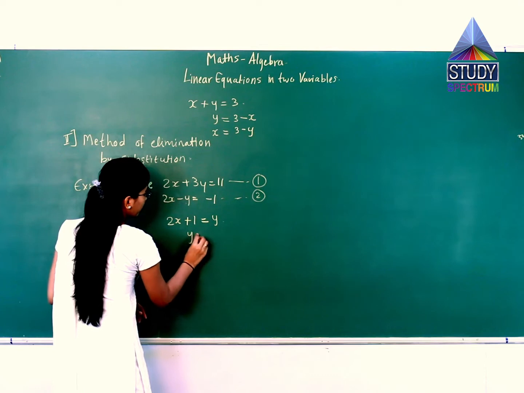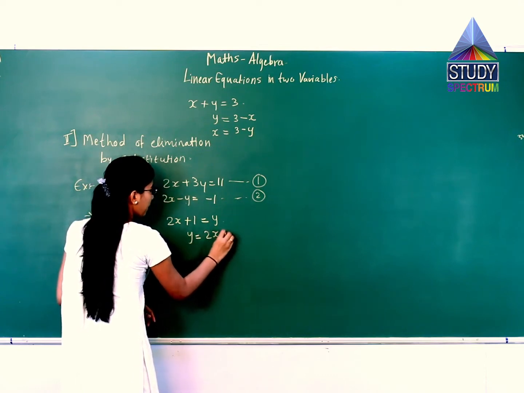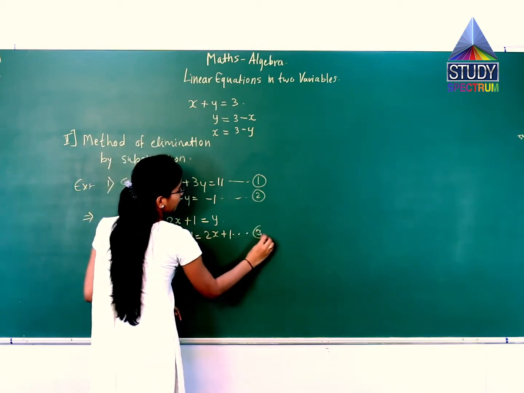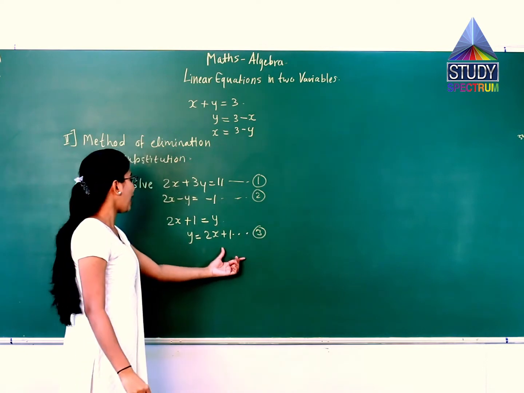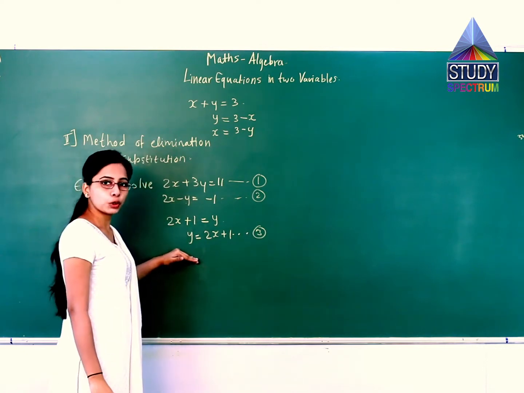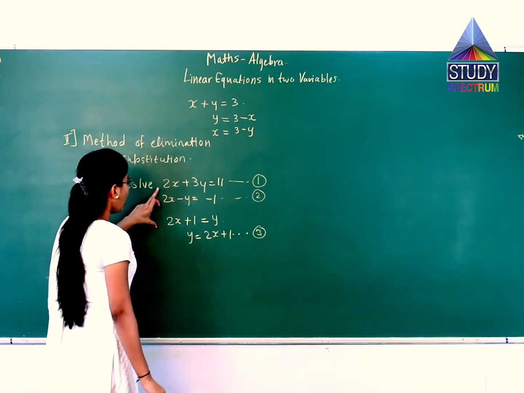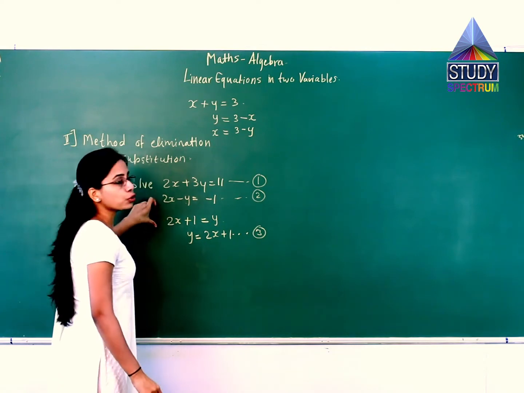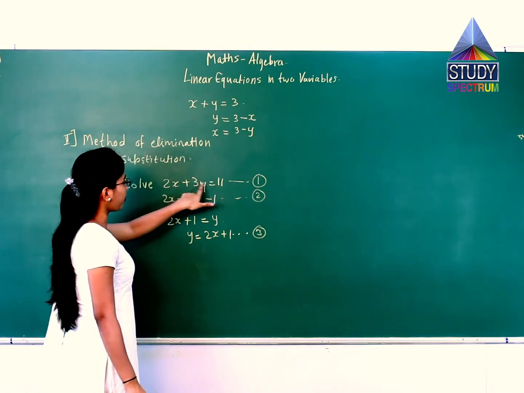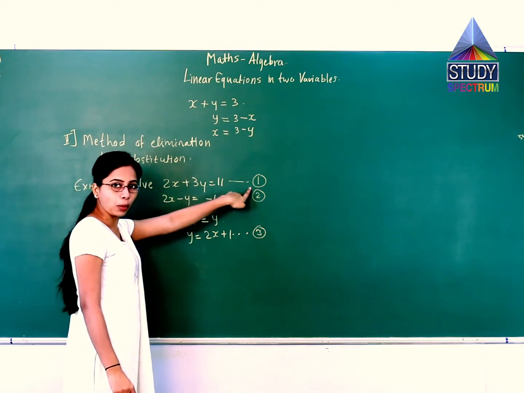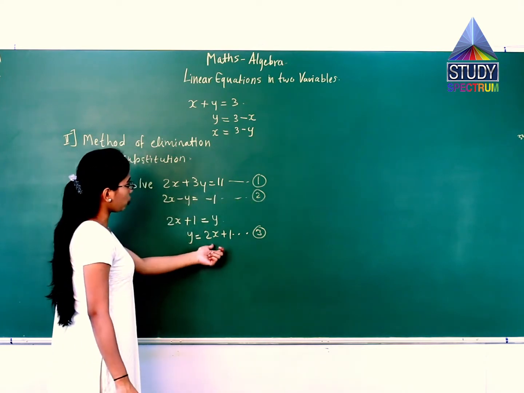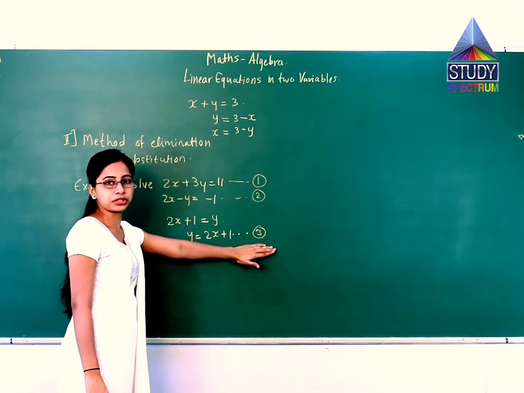So y will be 2x plus 1. So this is my equation number 3, which I have derived from equation number 2. So now you can see I have two equations. 2x plus 3y is equal to 11, which is my equation number 1, and y is equal to 2x plus 1, which is my equation number 3.